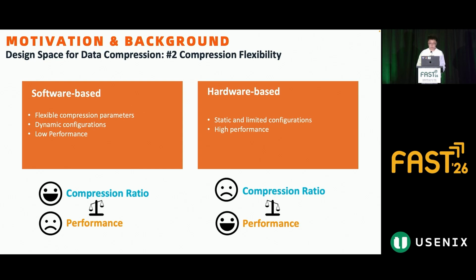The second dimension is the compression algorithm. Software-based approaches offer flexible compression parameters and dynamic configurations, but they come with lower performance. Hardware-based approaches like FPGA or QAT provide high performance, but they are limited to fixed configurations. Again, this is a trade-off between compression ratio and performance.